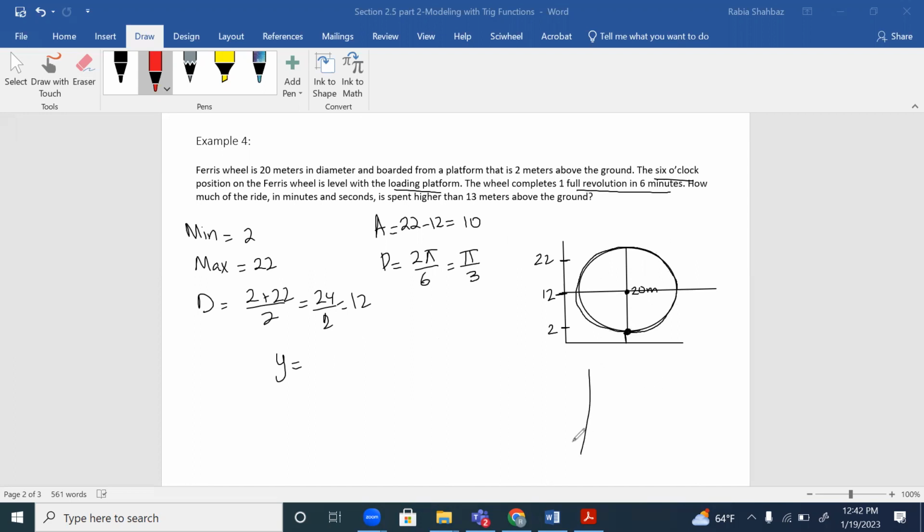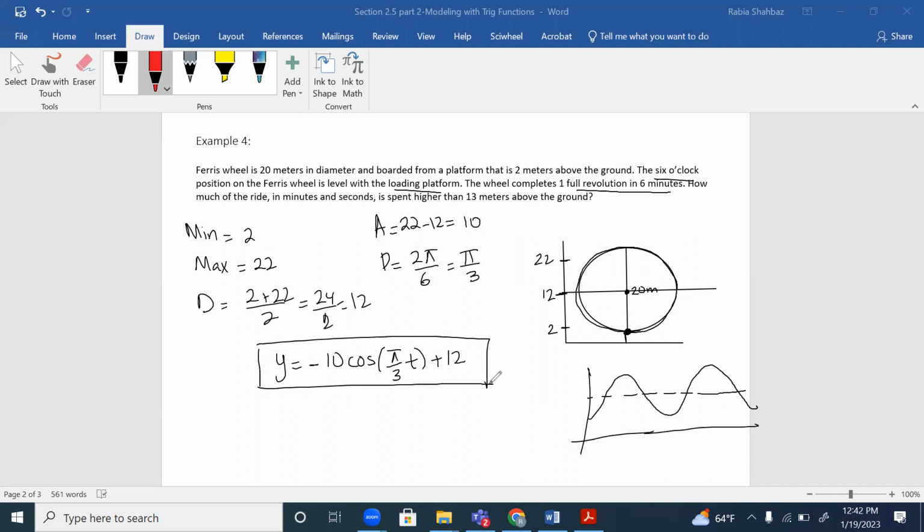That will be the graph for the position of anyone sitting on it. Since we're starting at the lowest, I'm going to say negative 10 cosine of pi over 3 t plus 12, and that is my equation.